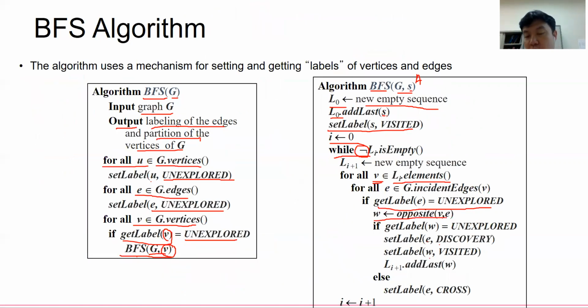The opposite of A with the particular edge E, so we want to get it as the W. So the W is D, and then I want to know if D is unexplored. Yes, because D is unexplored, so the edge will be set as discovery, and then W will be set as visited, and then let's add the node into the Li plus 1.